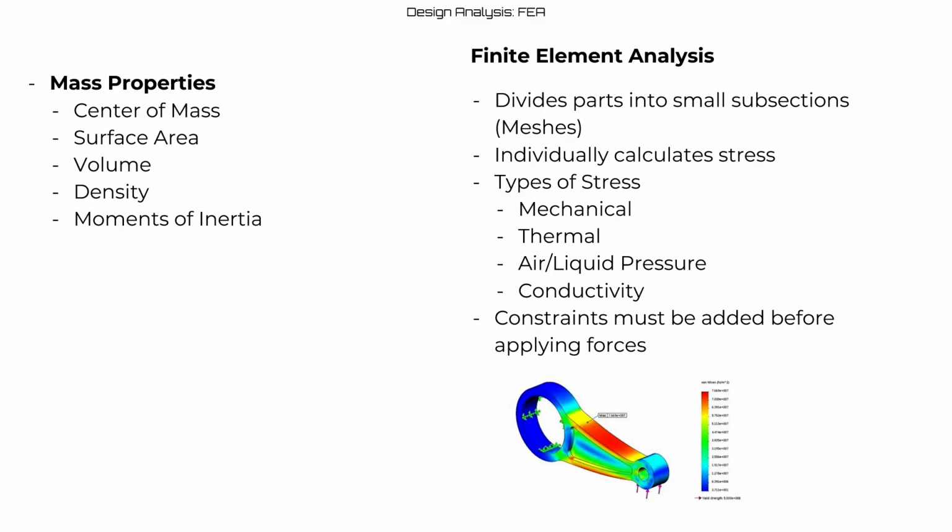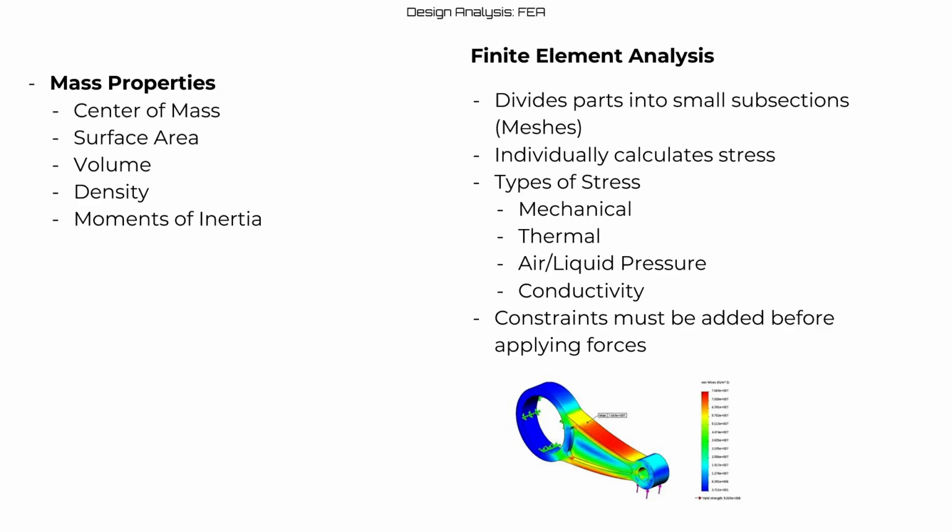Surface area, which is the amount of area that you could see from the exterior of the object. Volume, how much space the part takes up. Density, which is basically how condensed the part is inside the space that it takes up. And then moments of inertia.